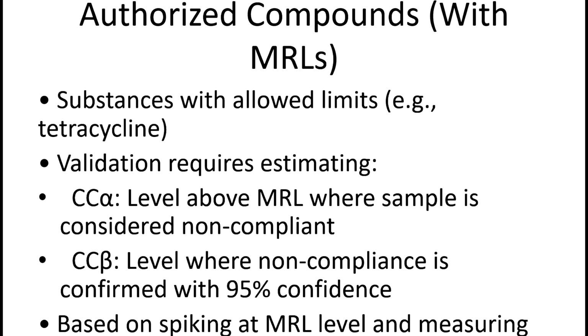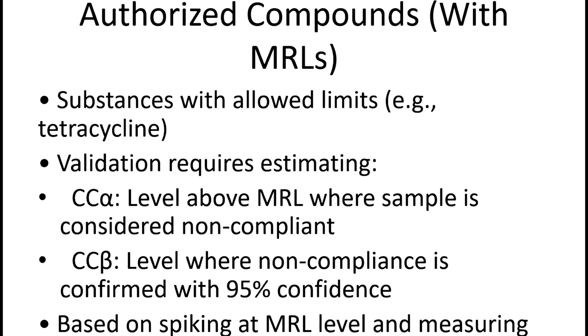But in this validation guideline in the European Union, they also require estimating CCalpha and CCbeta for authorized compounds. So with a maximum residue limit, substances with allowed limits, at this limit the sample will be accepted. Higher than this limit, the sample will be rejected, or you can say specification limit.